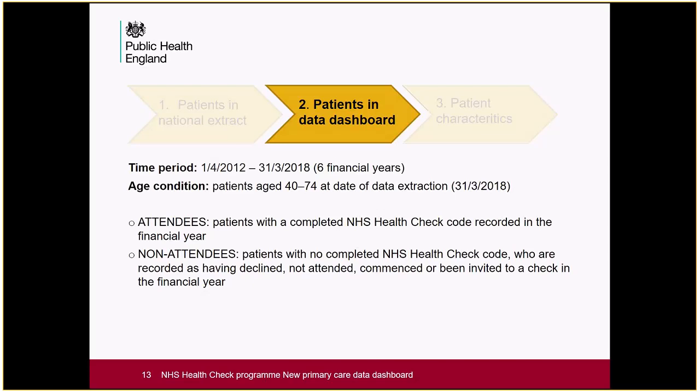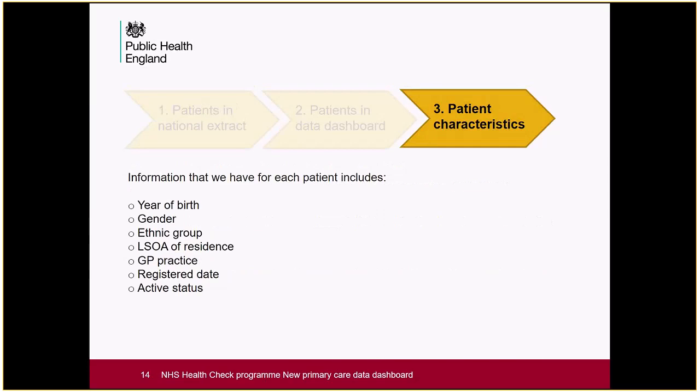And then conversely, non-attendees will be people without a completed check code, but who have some other contact with the programme in that year, having declined, not attended, commenced, or been invited without a follow-up. And just to mention, because we've presented data by financial year, patients that have had contact in multiple years can appear more than once in the data.